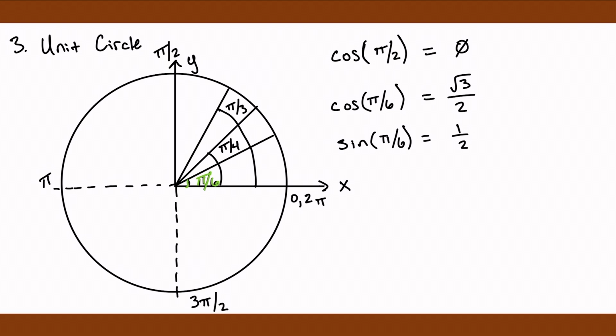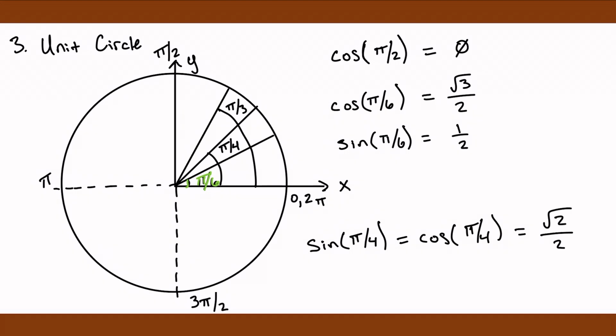And so there's all these values that you do typically need to memorize, the special angles they're called. So continuing on here, I'll give you a good way to memorize it. I know that the sine of pi over 4 is equal to the cosine of pi over 4, which is the square root of 2 over 2. Notice that pi over 4 is about 45 degrees relative to the x-axis. This blue angle here is pi over 4.